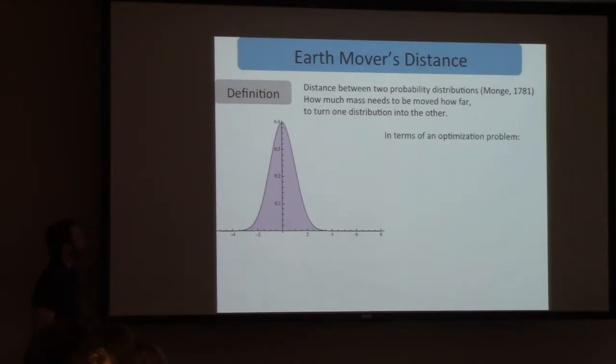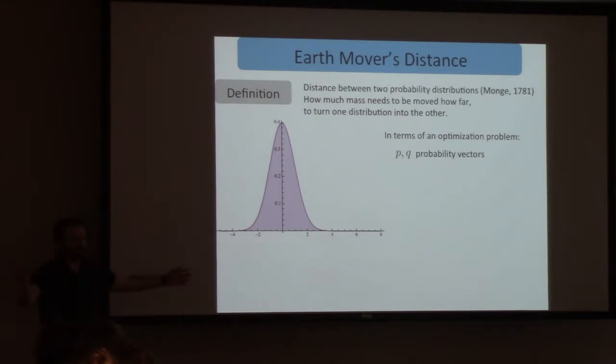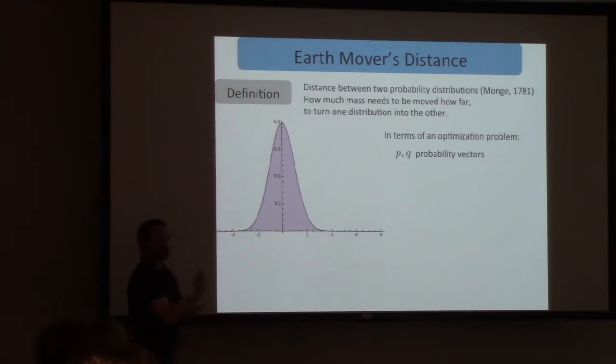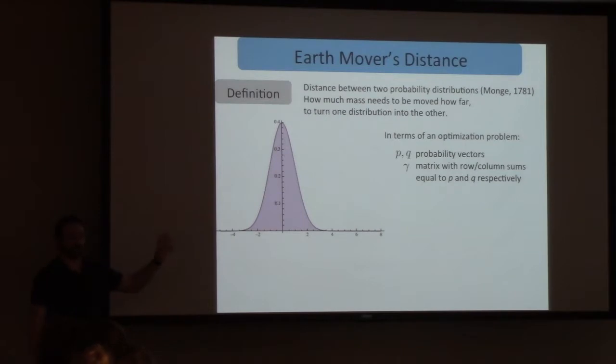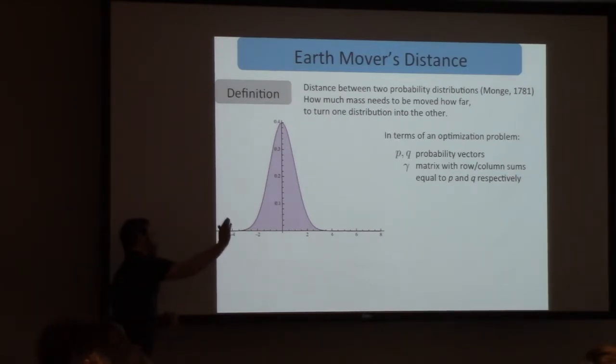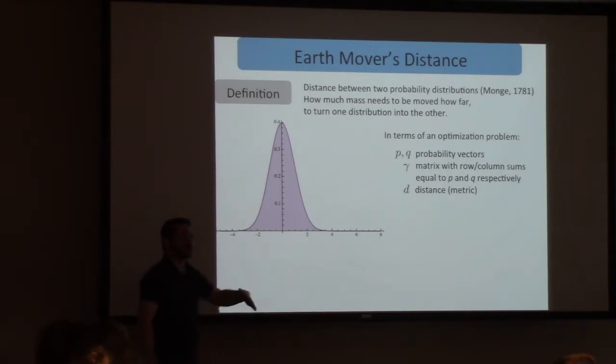In any case, in terms of an optimization problem, you can define this on more general spaces, but to keep things concrete, we have two probability vectors, so non-negative real vectors that sum to 1, and we have a matrix that's kind of like a joint distribution of these guys, because its row sums are equal to P, column sums are equal to Q, and it's also non-negative. And then we have some underlying distance metric.